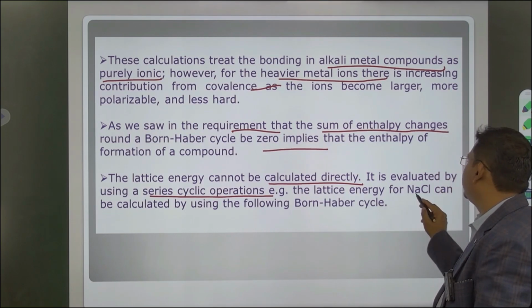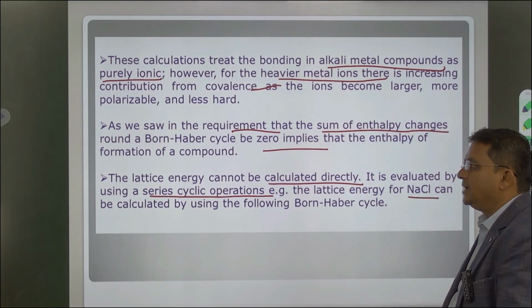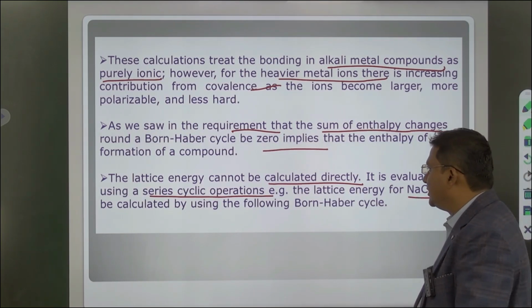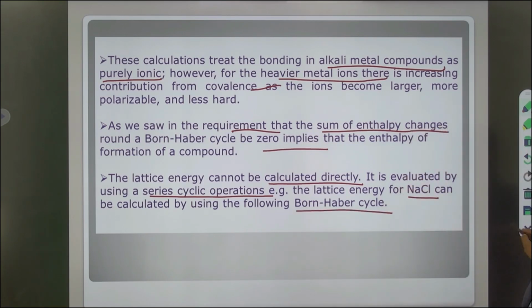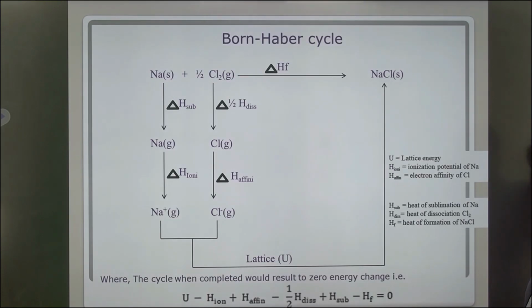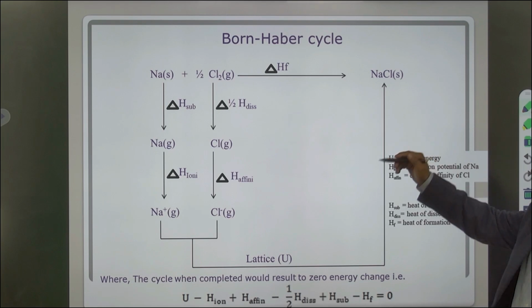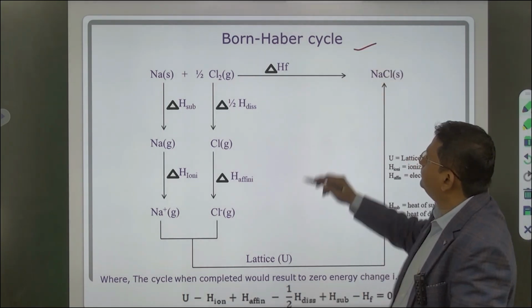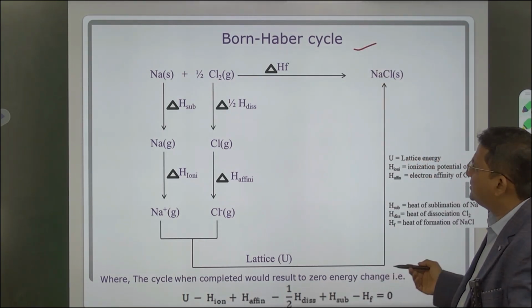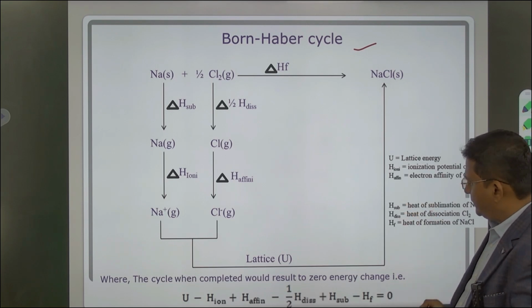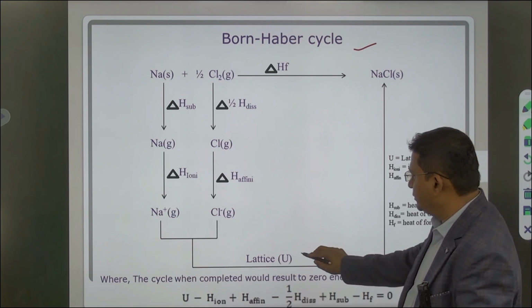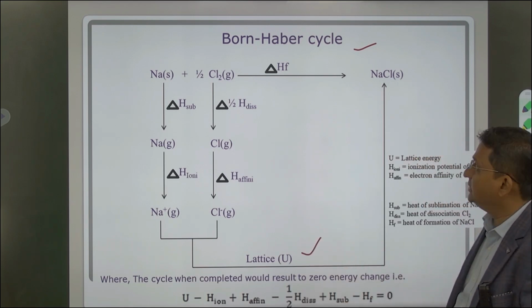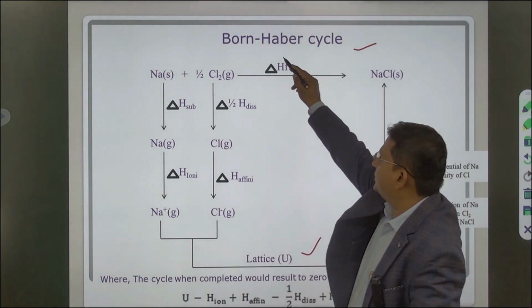The lattice energy of NaCl can be calculated by using the following Born-Haber cycle. Born and Haber, the scientists, suggested the calculation of lattice energy or heat of formation.